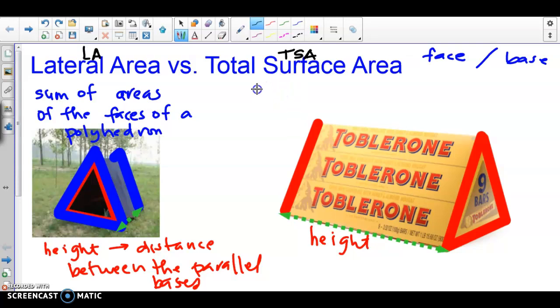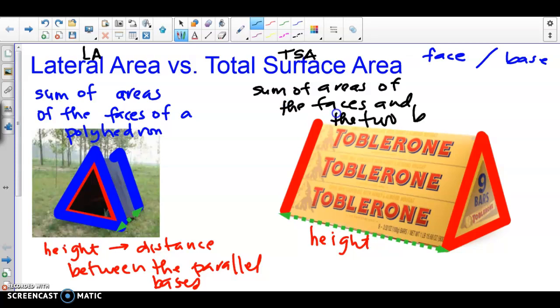So the total surface area is actually the sum of areas of the faces and the two bases. So that means all around, right? So the lateral faces 1, 2, then 3 at the bottom, and then one base here, and then another base over here.